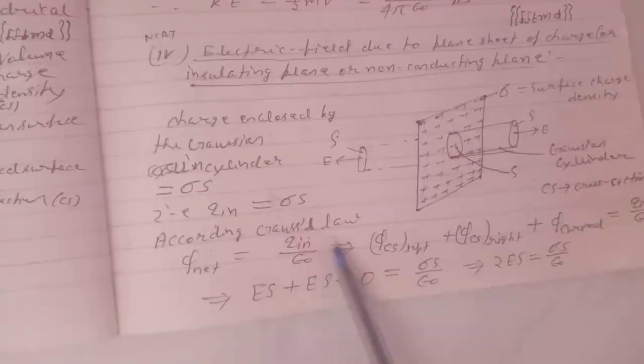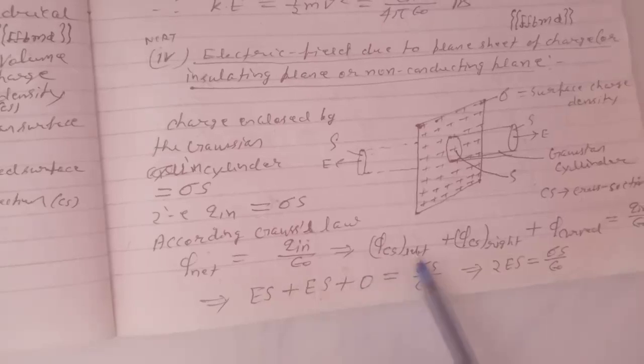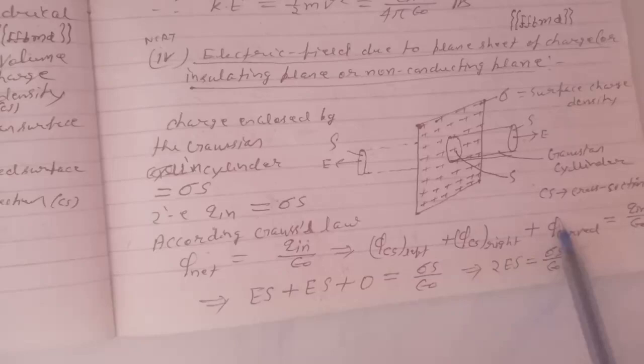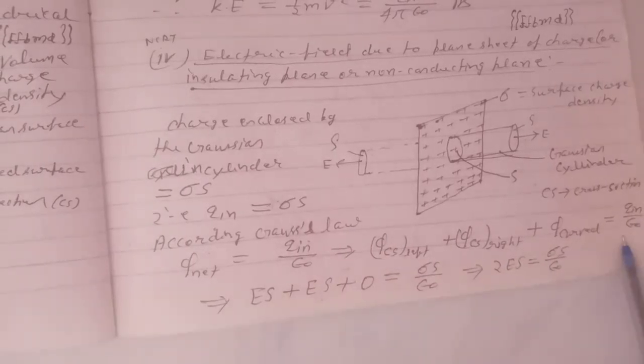Now according to Gauss's law, phi net equals Q in by epsilon naught. Now phi cross-sectional area left plus phi cross-sectional area right plus phi curved surface equals Q in by epsilon naught.